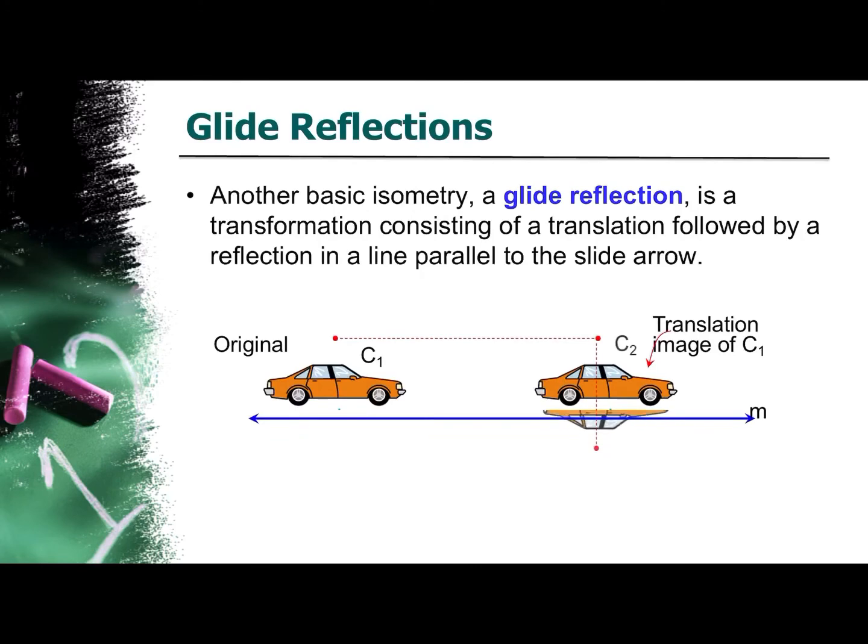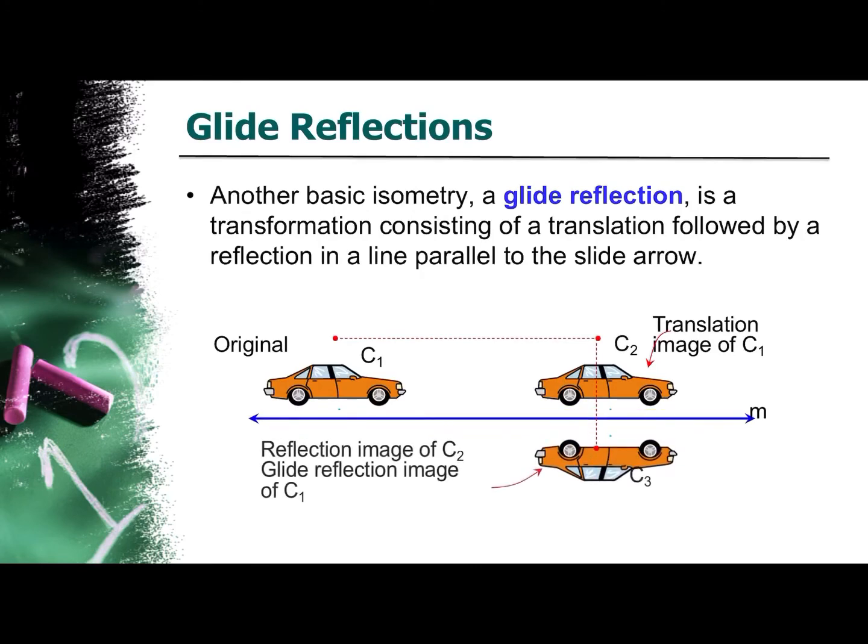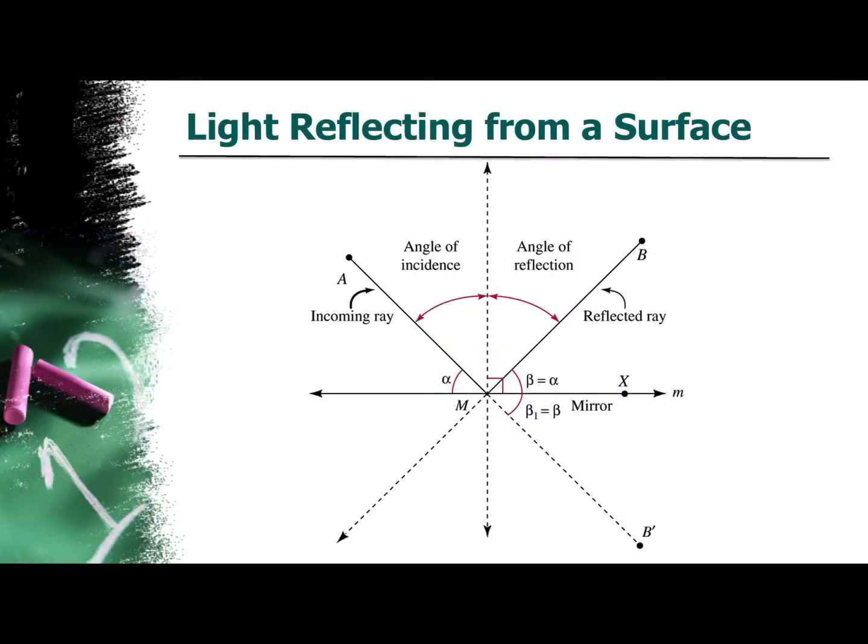This is translating along a vector, and then the reflection is over a line that's parallel to that vector, and that is what we call a glide reflection. So it's also an isometry because the image is congruent to the pre-image.